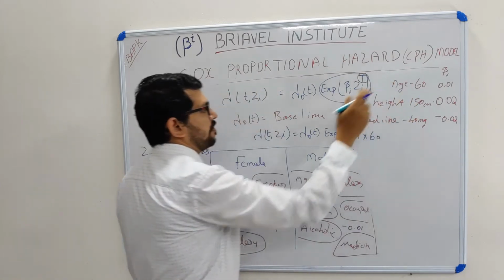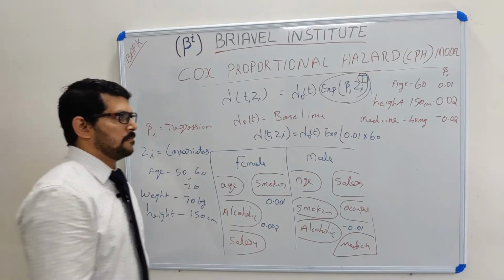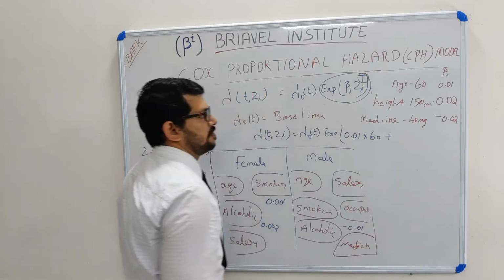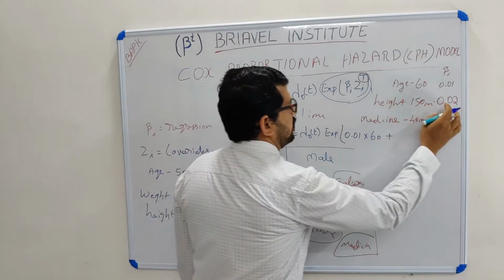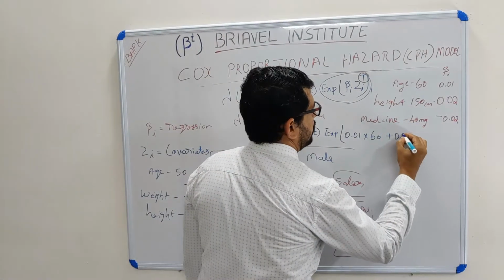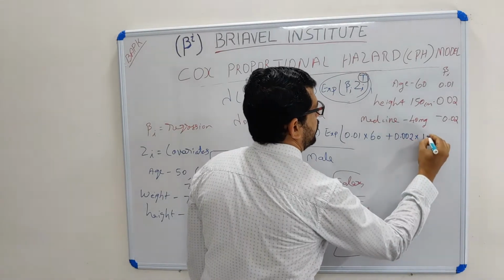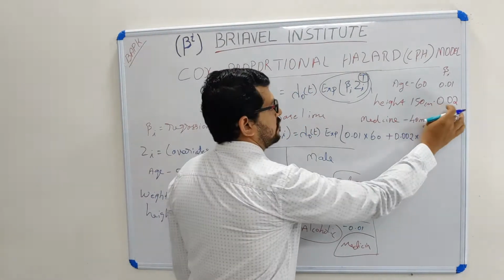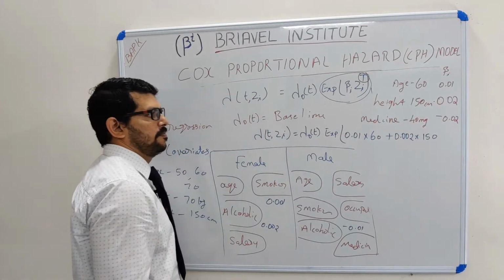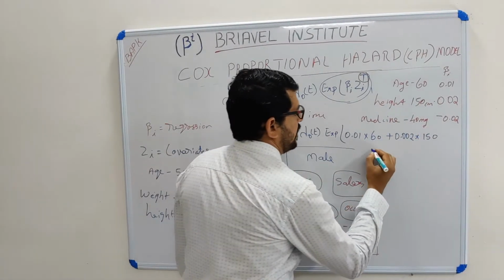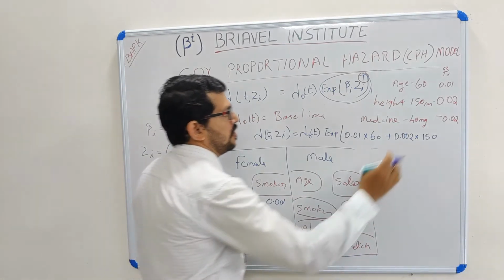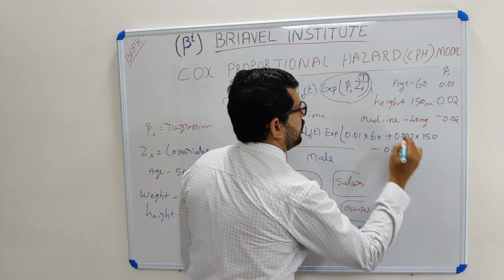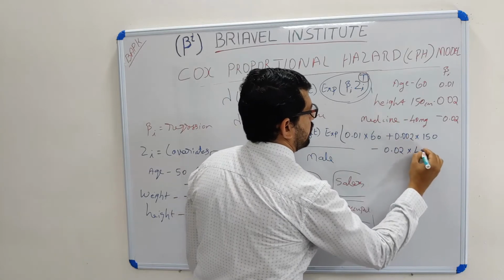Plus, for height, 0.002 into 150. Minus 0.02 into 40.